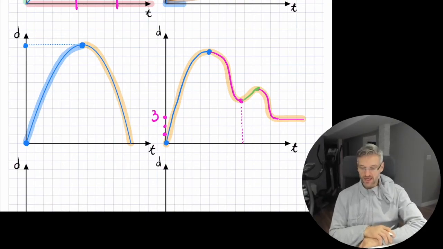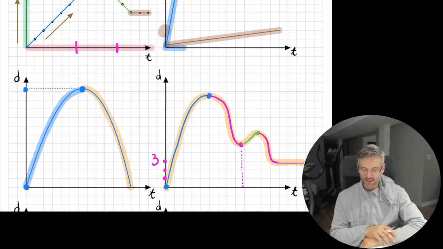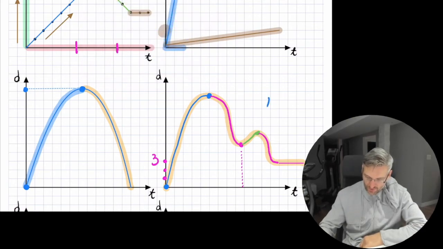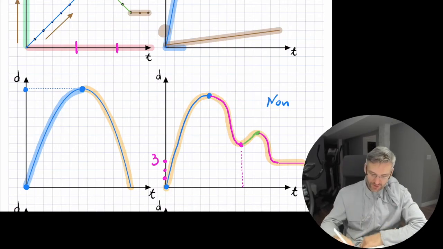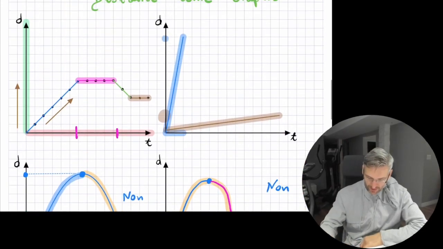So these distance time graphs are wonderful to see. Notice that if you wanted to see which ones were linear and which ones were not, clearly you should be able to say that this was nonlinear, and this was also nonlinear in terms of the actual graph. These ones were very linear, just straight lines.